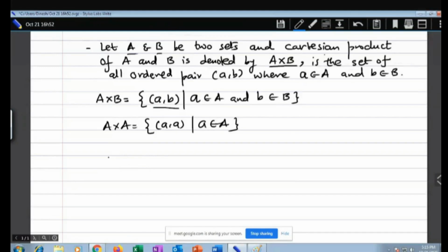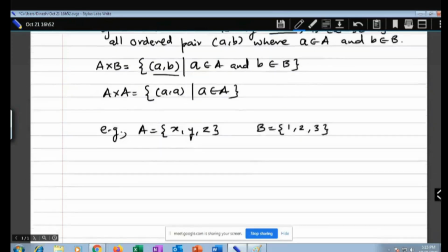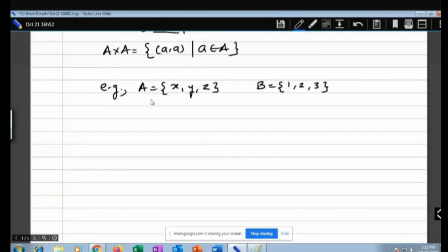For example, let us say A is equal to x, y, z, and B is a set of 1, 2, 3. Now you can have the column head as 1, 2 and 3, and the row head as x, y and z.